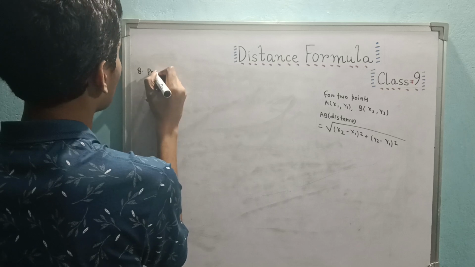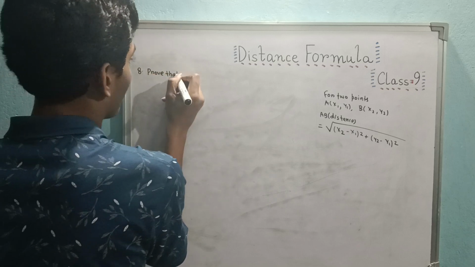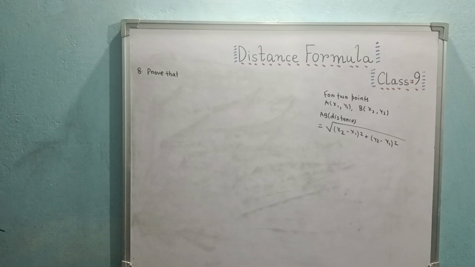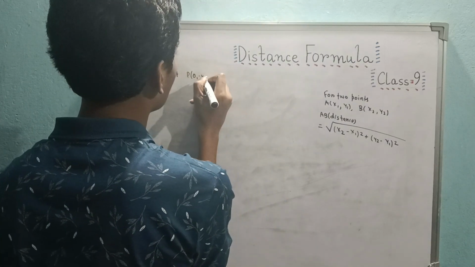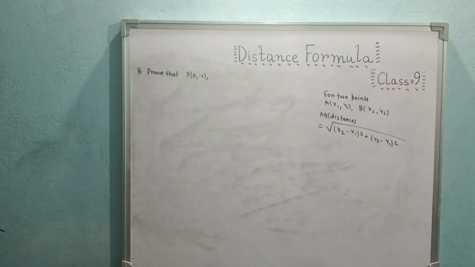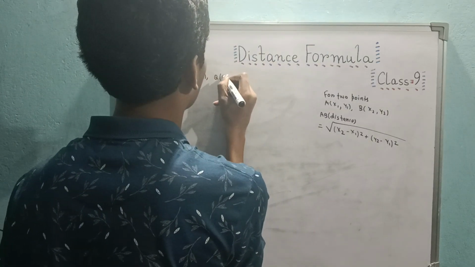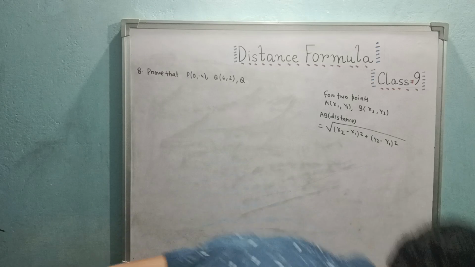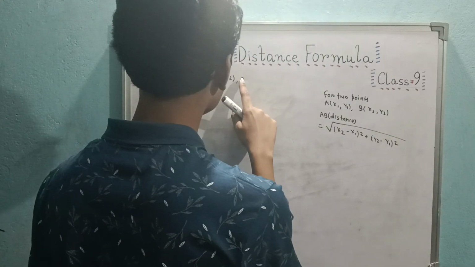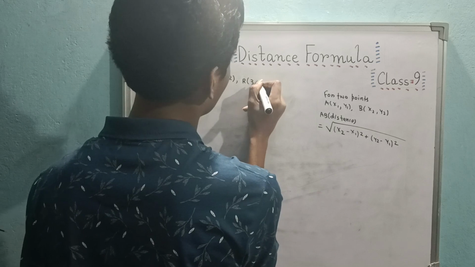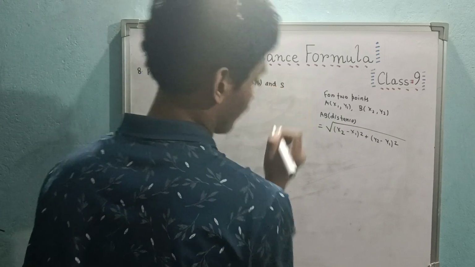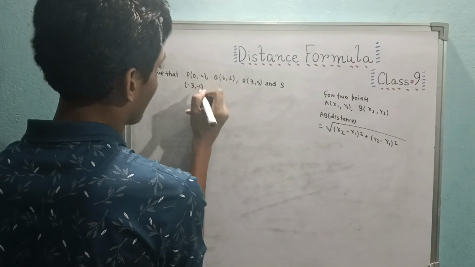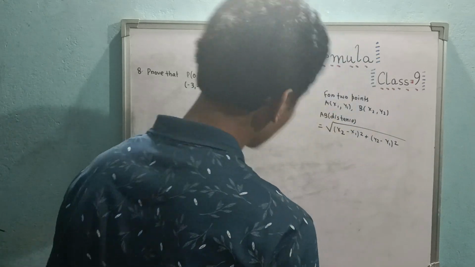So now we have a proving. Prove that P 0 comma minus 4, Q 6 comma 2, R 3 comma 5 and S minus 3 comma minus 1 are vertices of rectangle PQRS.